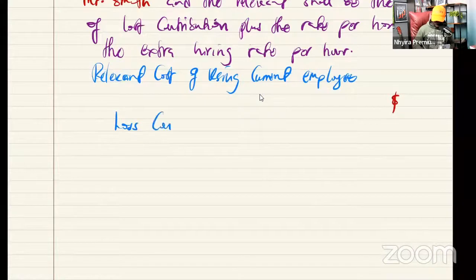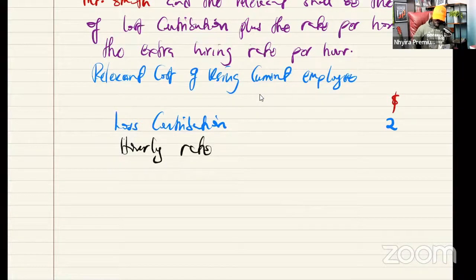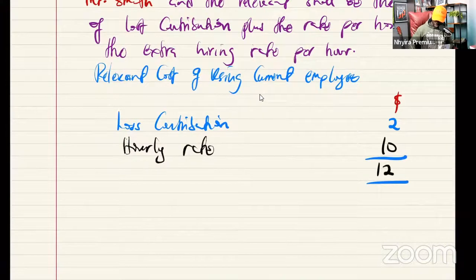So lost contribution, and that is the $2 that we'll be losing plus their hourly rate, which is the $10. So if you check it up, the total cost of using our labor is going to be $12.